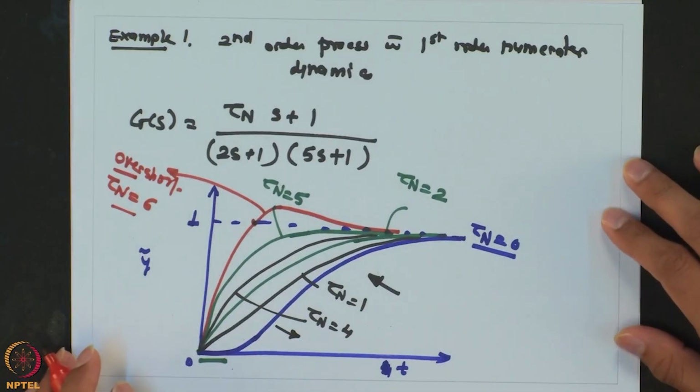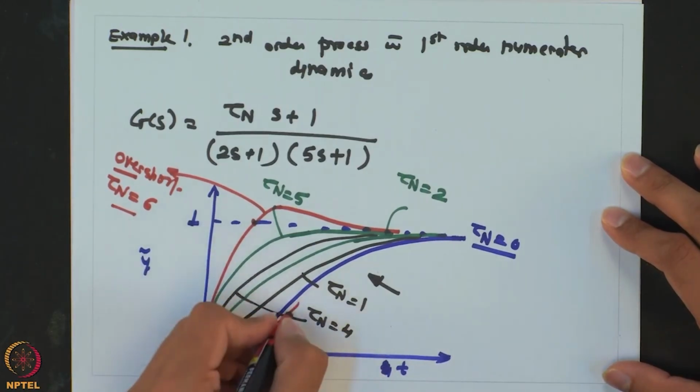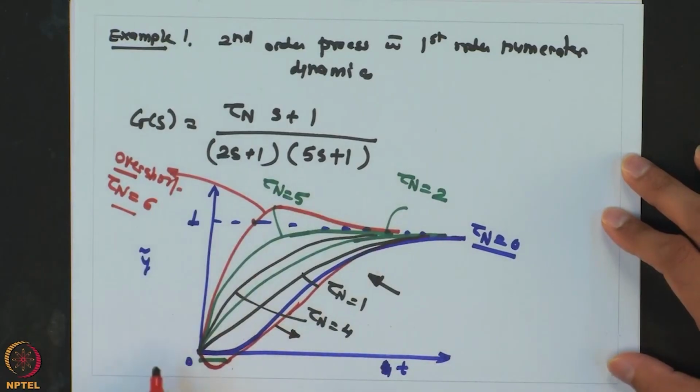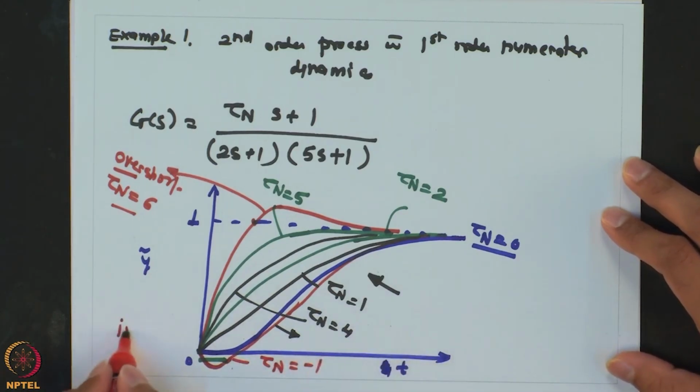If you decrease tau n further, the response is actually going to go in the opposite direction and then reach the final value. So, what you are seeing is, initially the response is actually going in the opposite direction. This type of response you can get when tau n is equal to -1, and this response is known as inverse response.